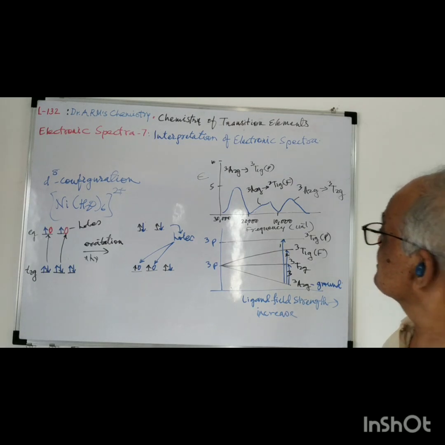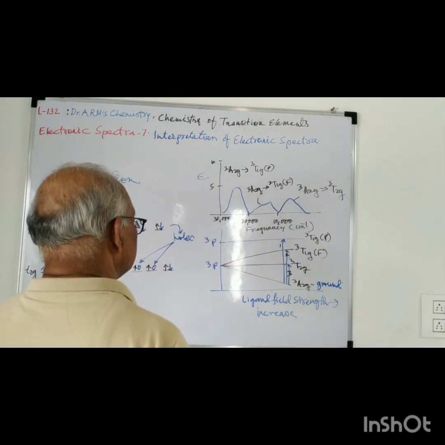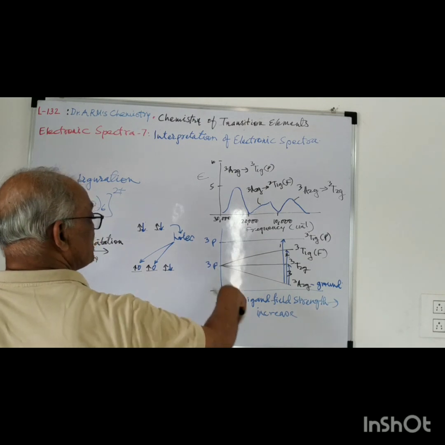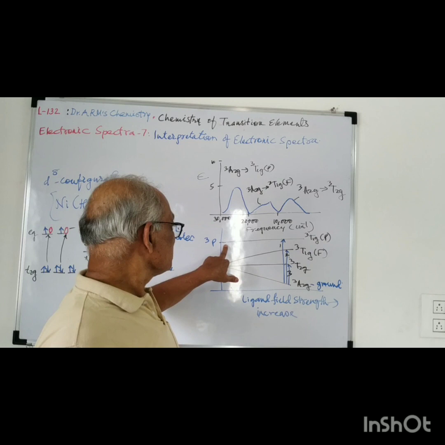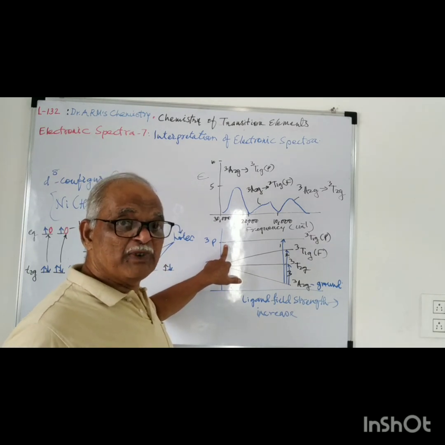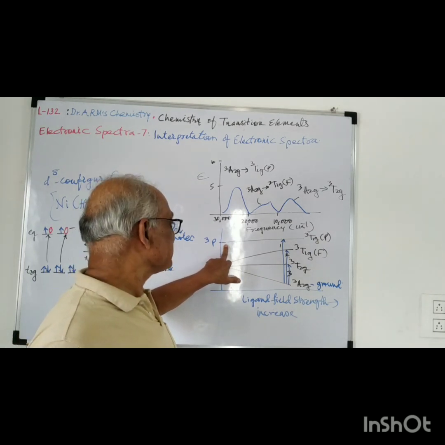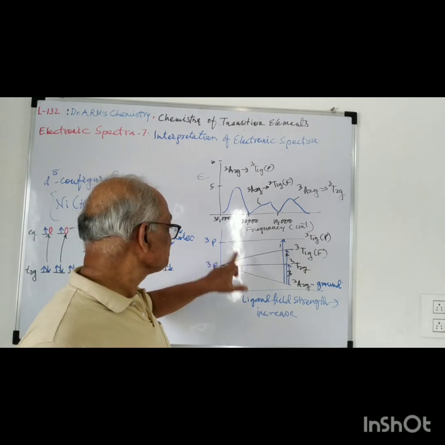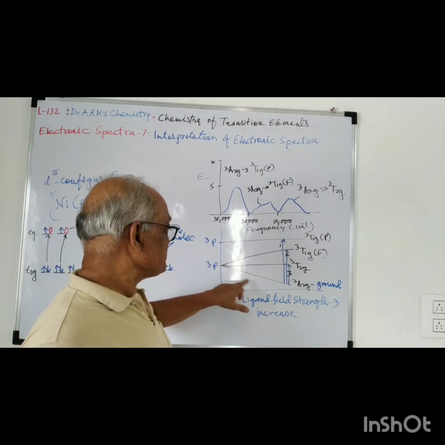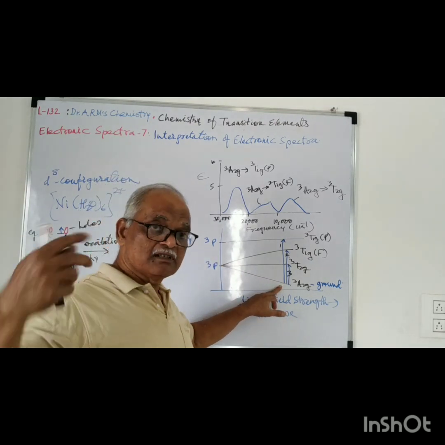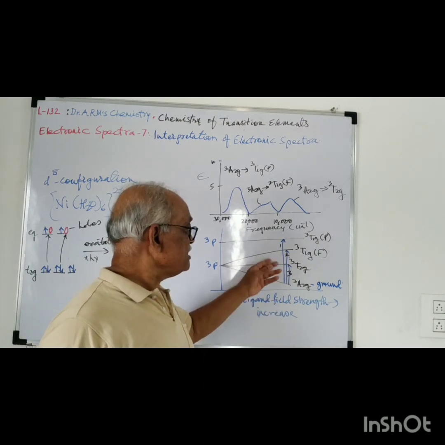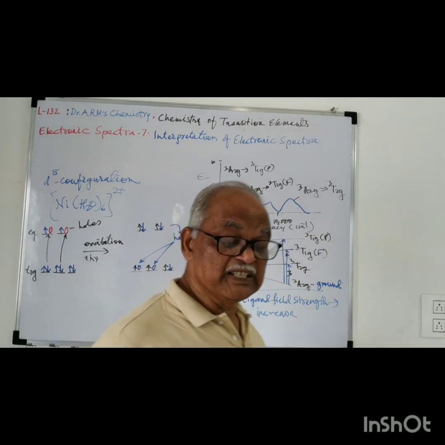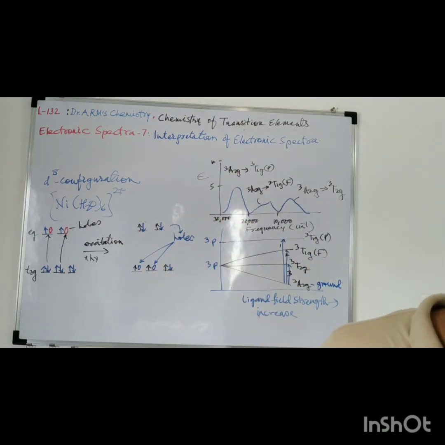This is because of the splitting and inversion: no splitting and no inversion of this triplet P state, but this triplet F state undergoes splitting into three levels and inversion of the levels also.